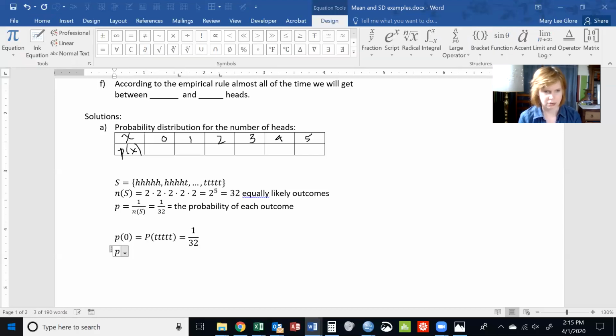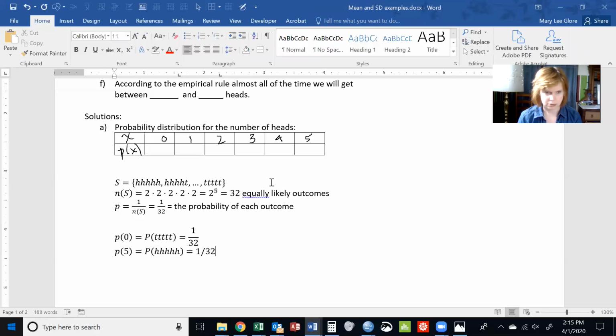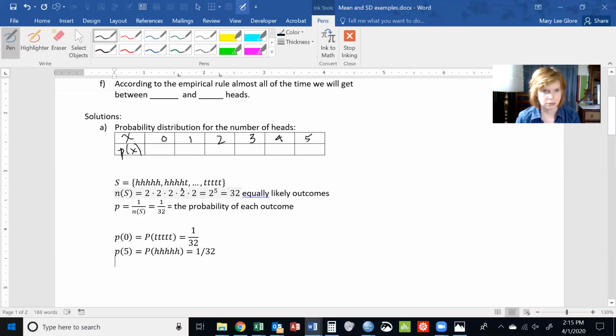Similarly, the probability of getting 5 heads is the probability of getting this guy, right? And that also has probability 1 over 32. So those two are pretty easy. Up here, I'm going to have 1 over 32, 1 over 32.